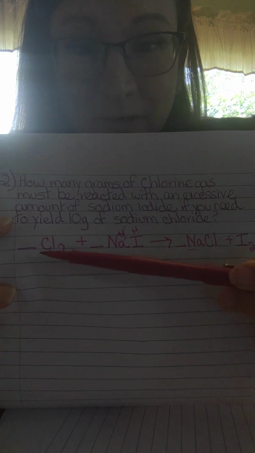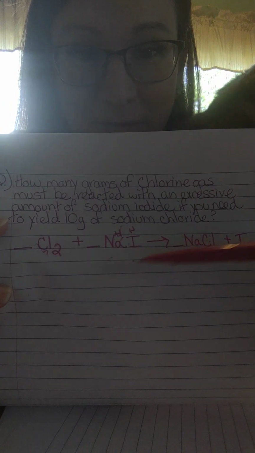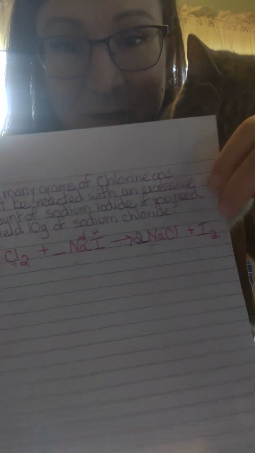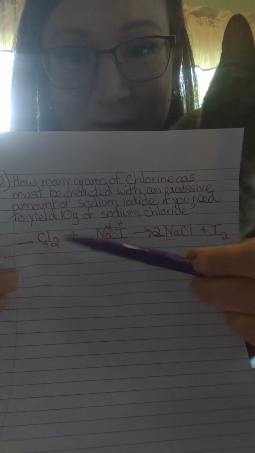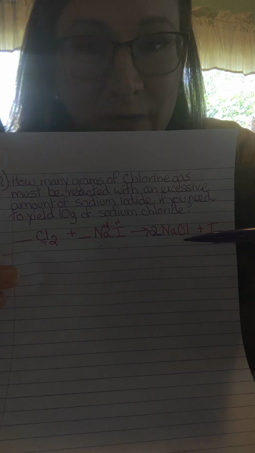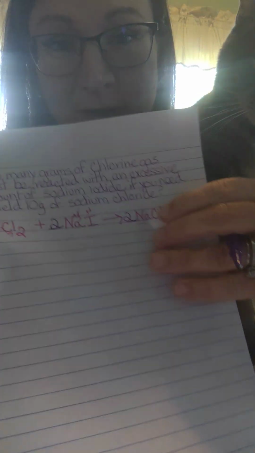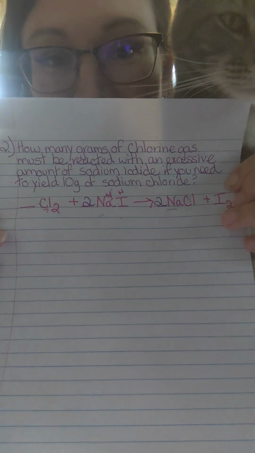All right, so we're going to balance our equation now. Chlorine has 2 on this side. It does not have 2 on this side. So we are going to throw a 2 in front of sodium chloride. All right, so that balances that. But now we have 2 sodiums over here, so we're going to throw a 2 in front of the sodium iodide over there.